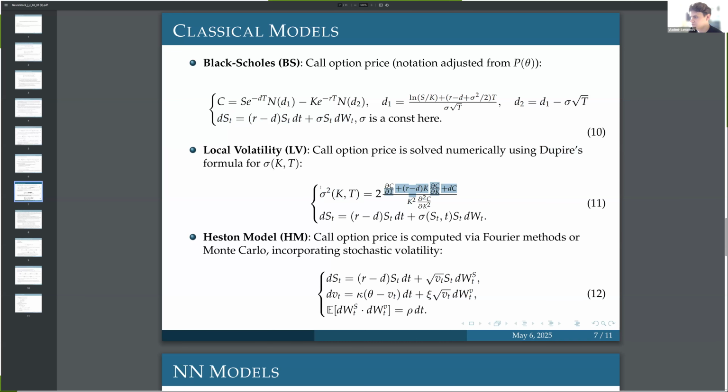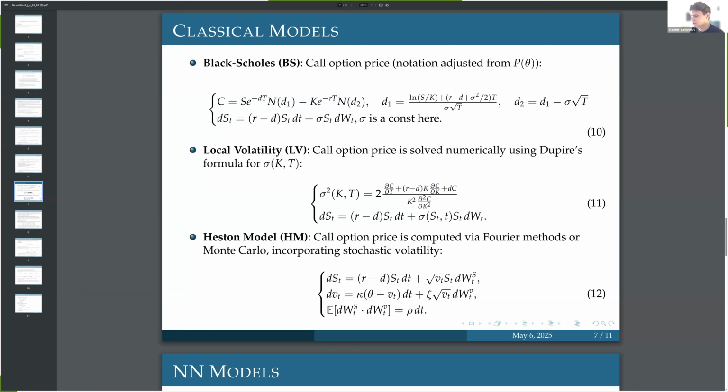Here you can see, you can take call option price from historical data and calculate these derivatives of strike price.